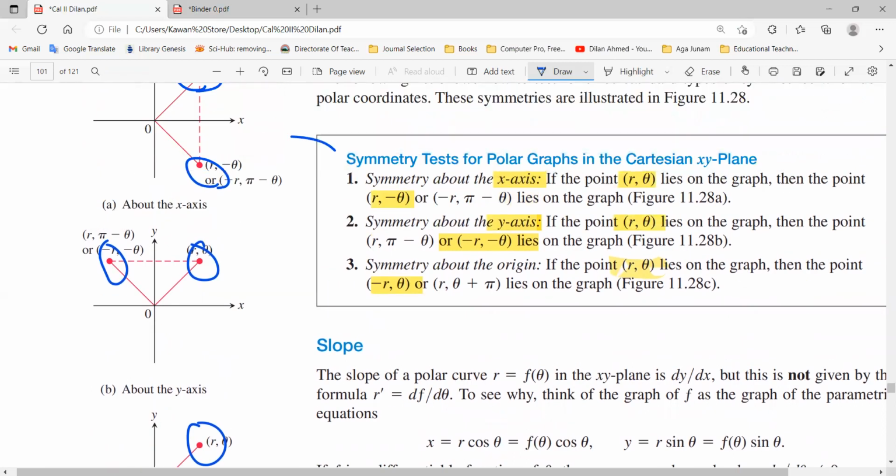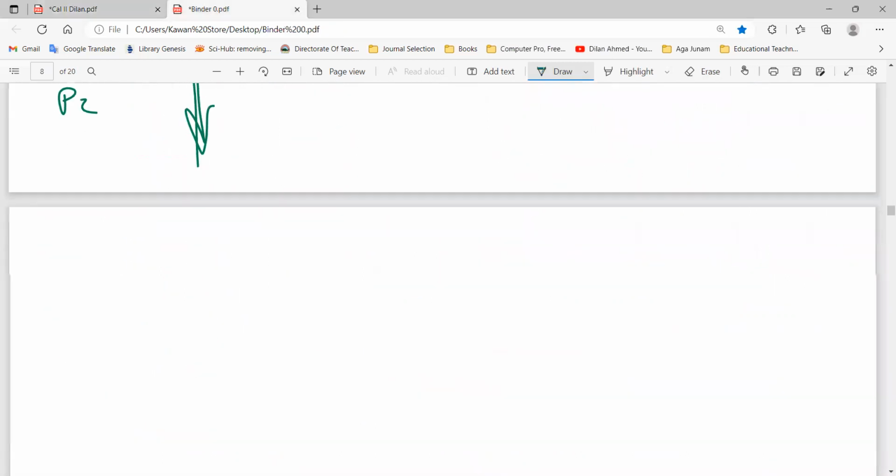So that's about symmetry. And later, we are going to use that one when graphing. It's very important. I'm not going to sketch the whole story. Half is enough.